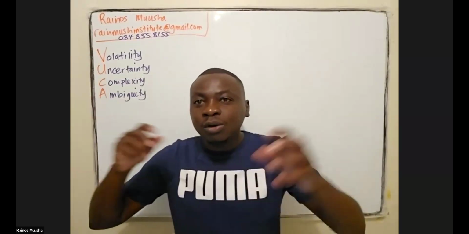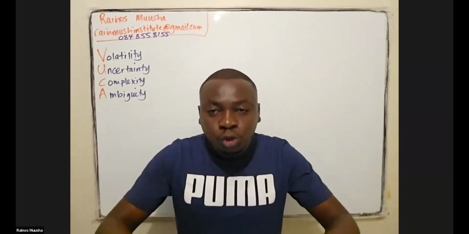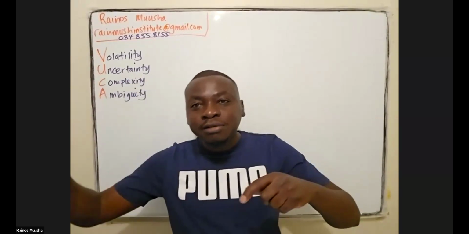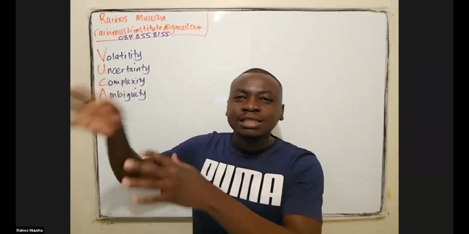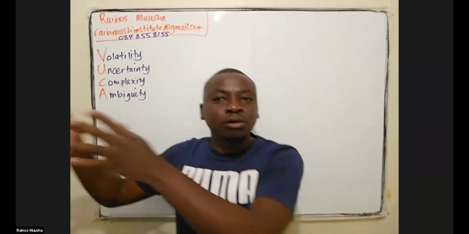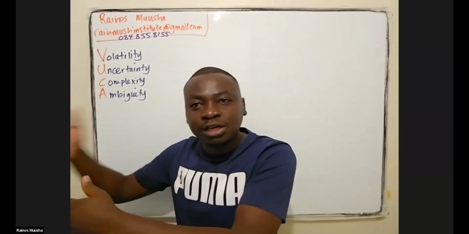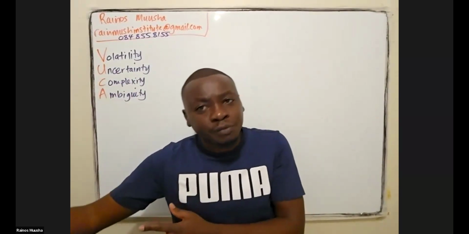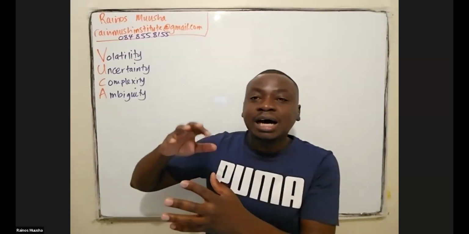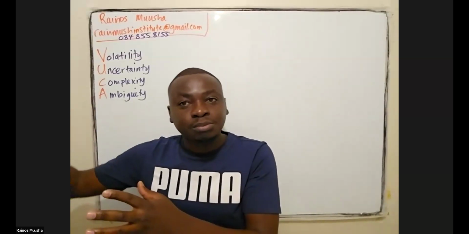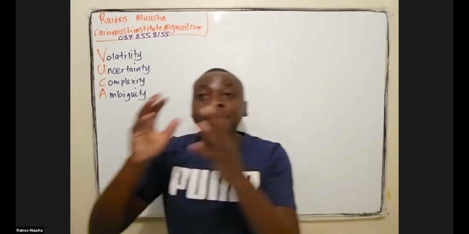From the different situations the organization is facing, your job is to identify that, from what they're discussing, this is probably a situation of volatility. Then you discuss exactly how that volatility is affecting the organization and how it can be addressed in relation to the organization.